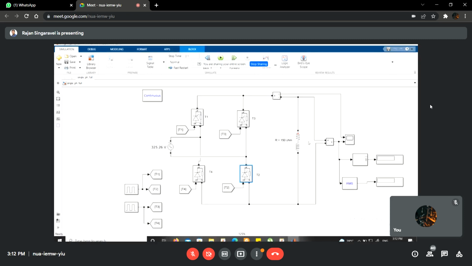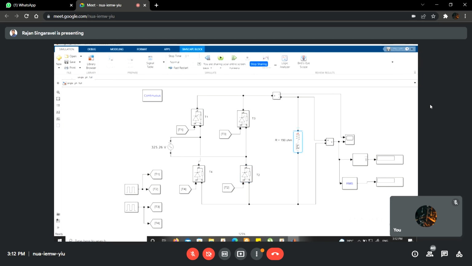But because of the inductive nature of the load, the current lags the input voltage, and the current is still a higher positive value, higher than the latching current and holding current. So T1 and T2 are still in short circuit condition, and whatever the voltage available in the source, the same will be available across the load terminal.